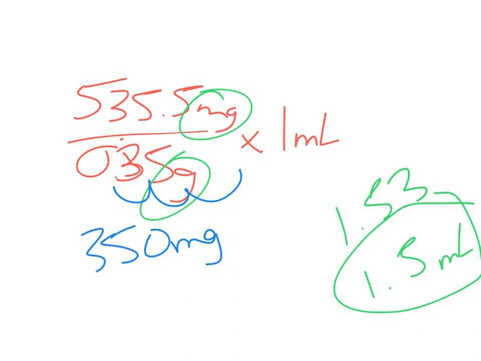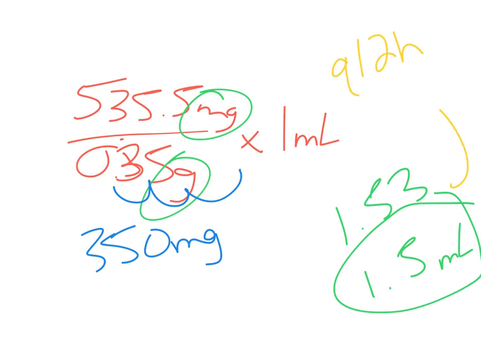I mentioned always pay attention to what the question is asking you, because in this question, number 56, it said, how many milliliters would you give per dose? If the question had said, what would we give per day, that's different. Because what we just calculated is what we're giving this patient every 12 hours.